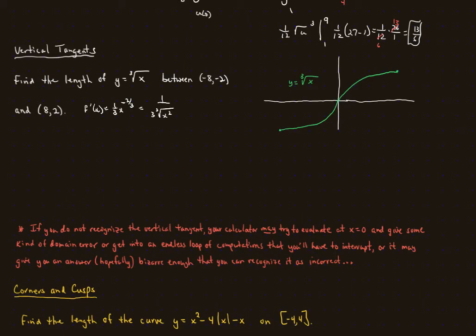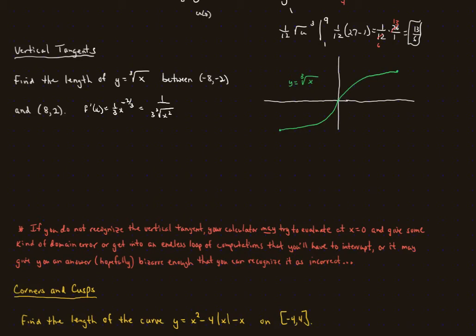That's our vertical tangent. So that creates a problem for us because we can't integrate from -8 to 2, because the mean value theorem won't apply where that derivative is not continuous.